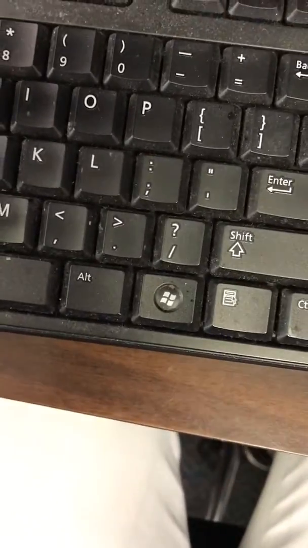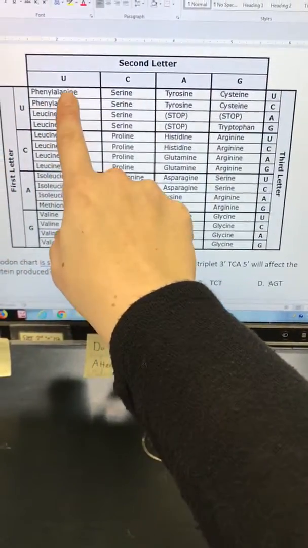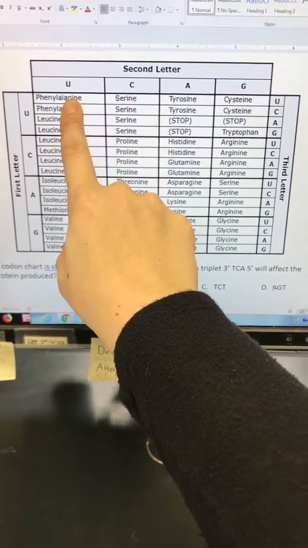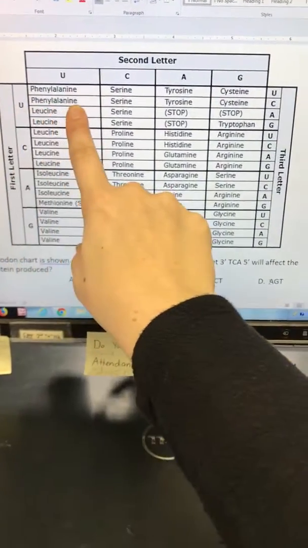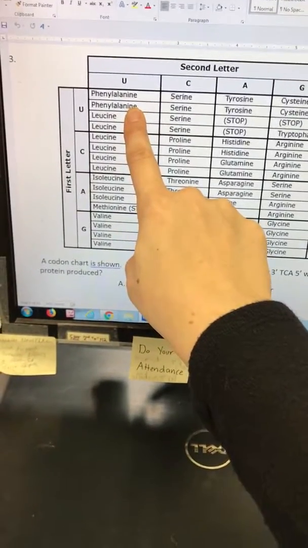Real quick, I'm going to pull it up. So for example, if UUU phenylalanine was mutated to UUC phenylalanine, this is a silent mutation. Nothing would happen.